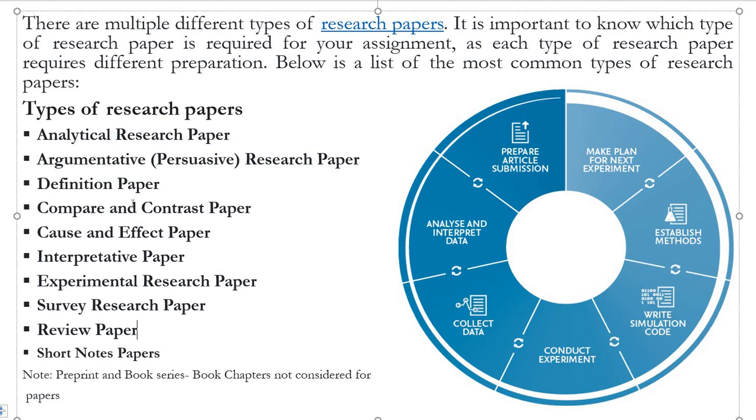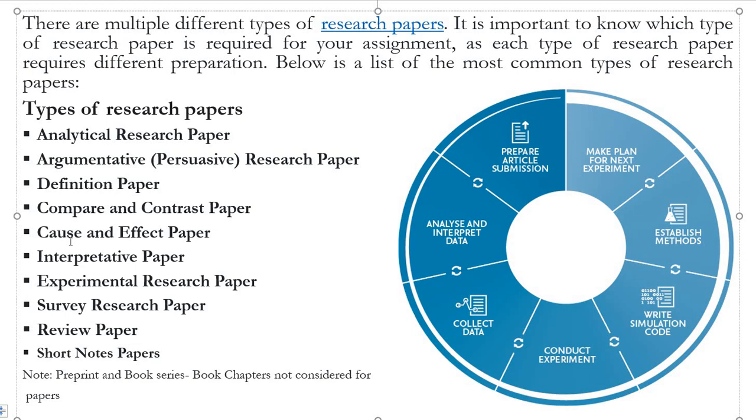Okay, here this diagram shows how to write a successful paper from the initial stage to the end. First, make a proper plan to execute your experiment, like what you want to execute in your thought, with documented proof.